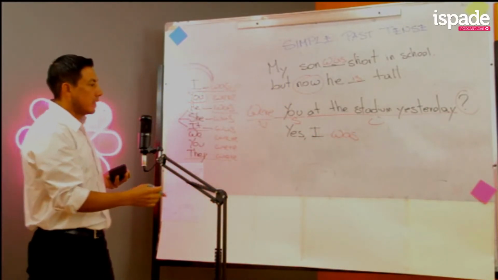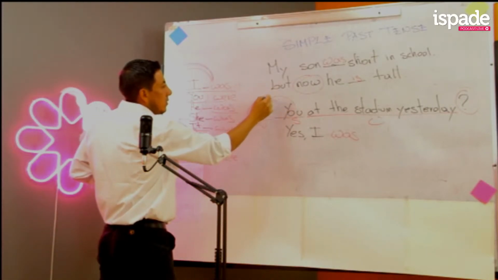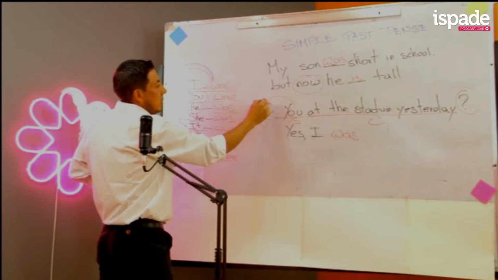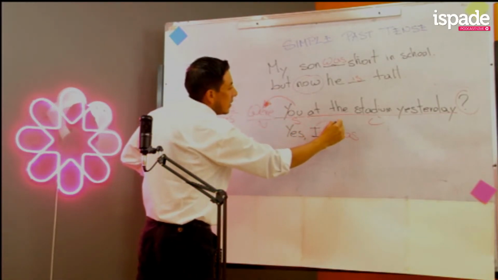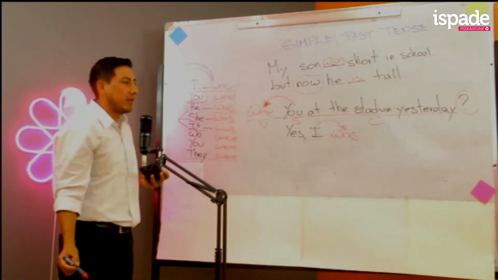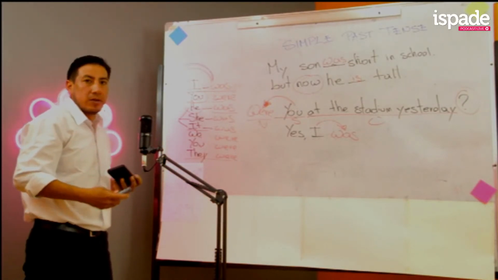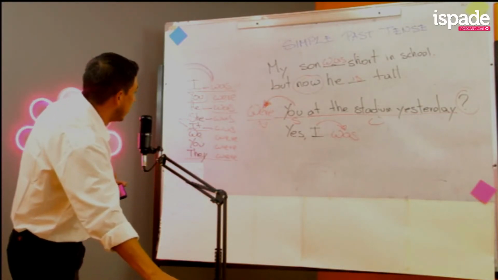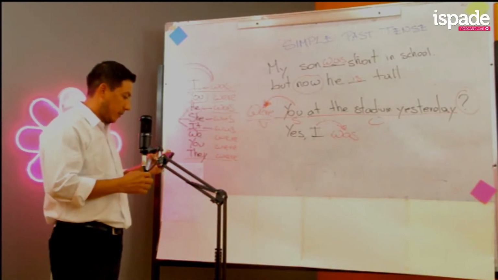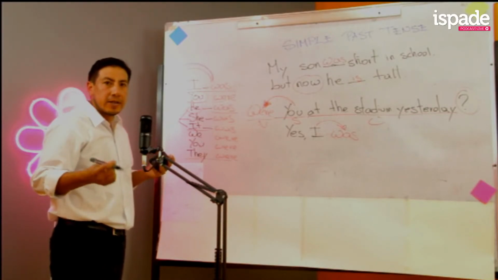So here it is before the subject because it's a question, and here it is after the subject because it's an affirmative answer. Okay? So I'm going to give you one more example. Yesterday.